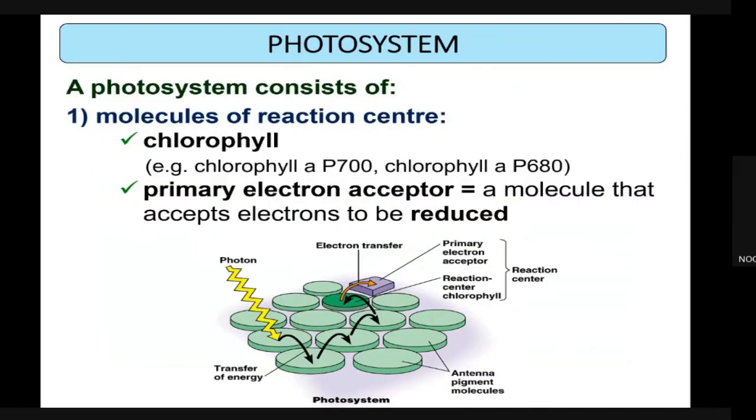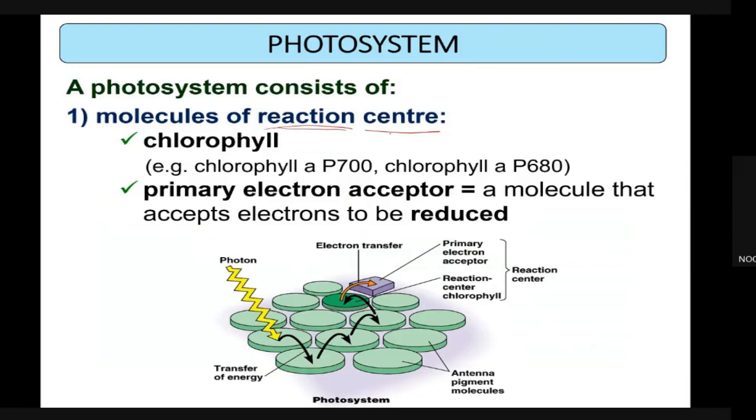The important component during light-dependent reaction is the photosystem. A photosystem consists of molecules of reaction center, which includes the chlorophyll and primary electron acceptor. So the chlorophyll here means the P700 and the P680.